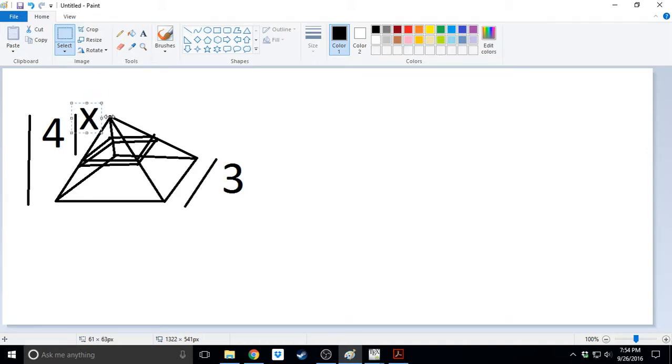For every 4 units of length we go down, we have a base that is 3 units of length wide. We have 1x down means we have 3/4 of x wide.